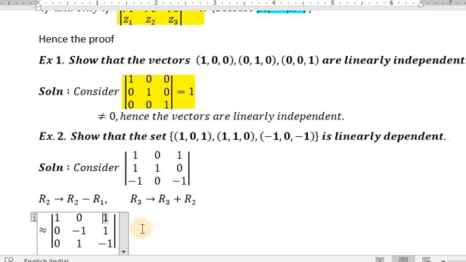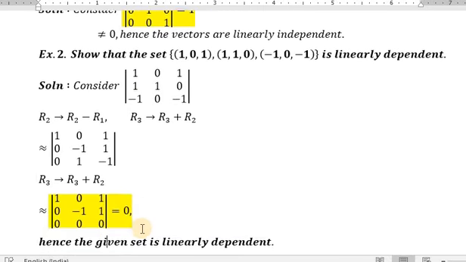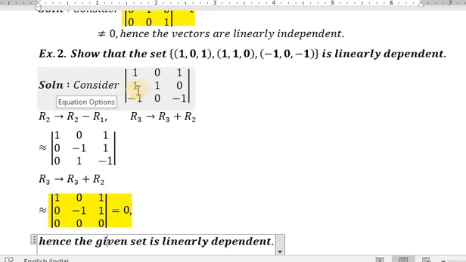By these elementary row operations, the matrix reduces to: first row 1 0 1 as it is, second row 0 -1 1, because we have subtracted R2 minus R1, and third row R3 plus R1, which is 0 1 -1.